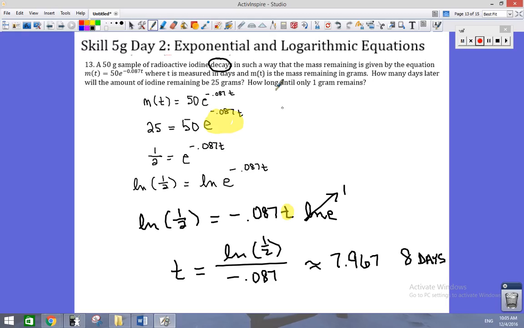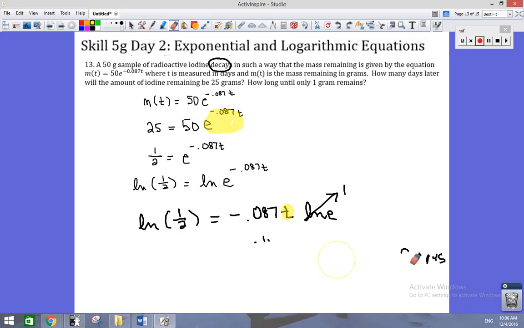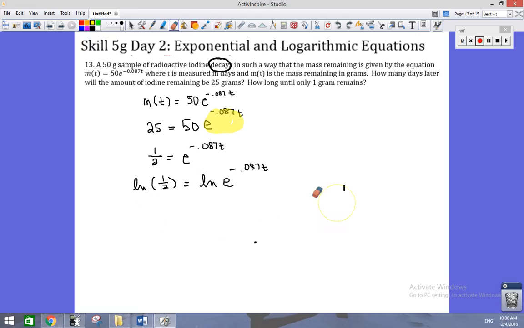All right, so now for my second question. Here the amount was 25. Now it's saying what if the amount was 1? So let's go back. I'm going to erase all of this, our previous answer. Instead of 25, it wants me to solve this equation when the left-hand side is 1.